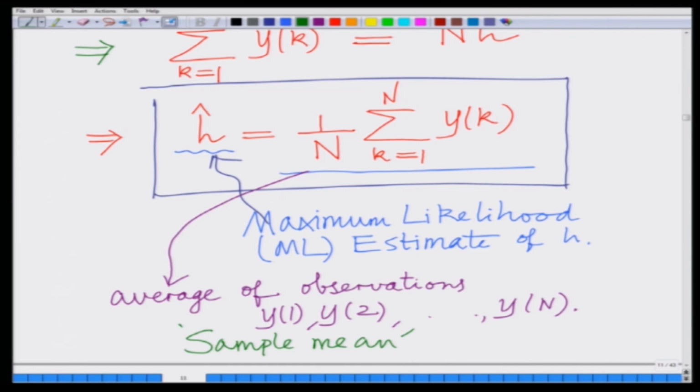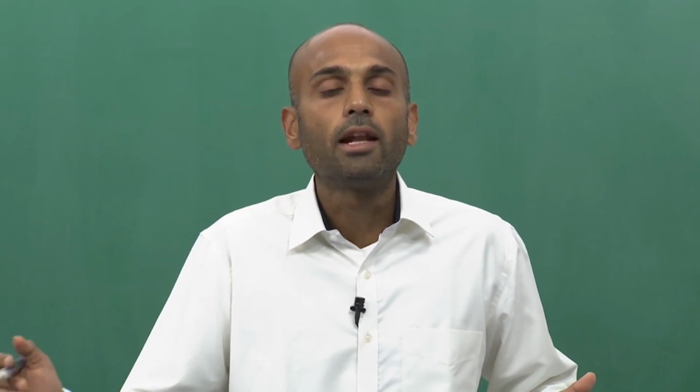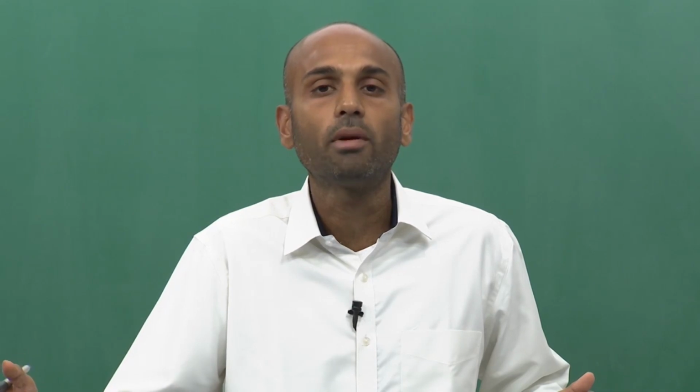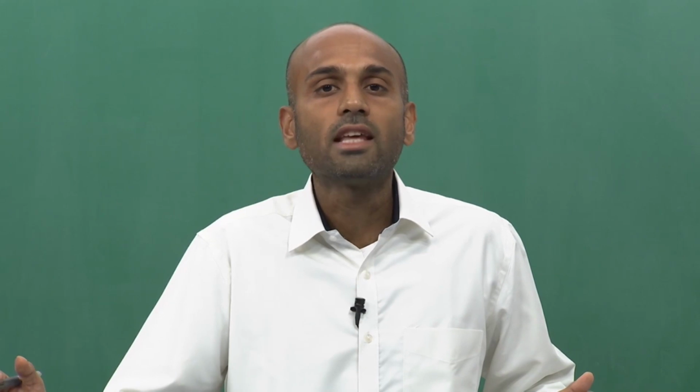What is the sample? We have a sample of observations y1, y2 up to yn, and the mean of this sample is 1 over n summation k equal to 1 to capital N yk. This is the arithmetic mean or the sample mean of the observations, and this is very intuitive.